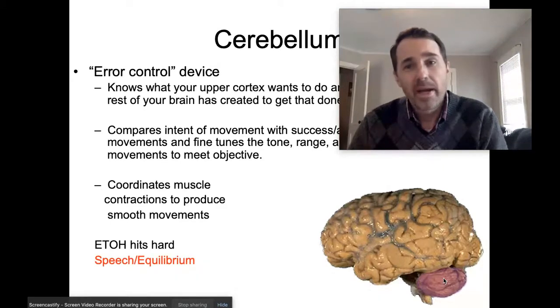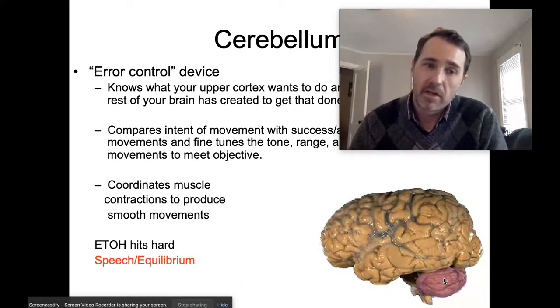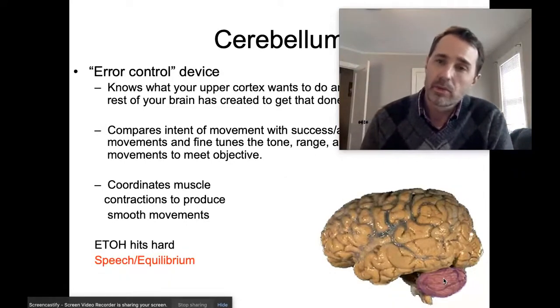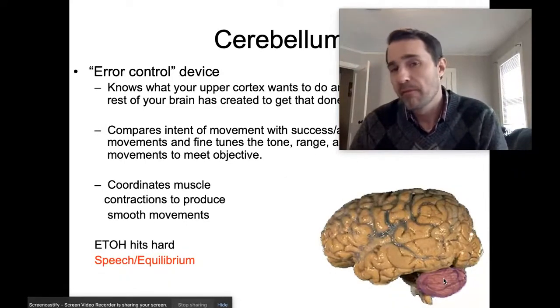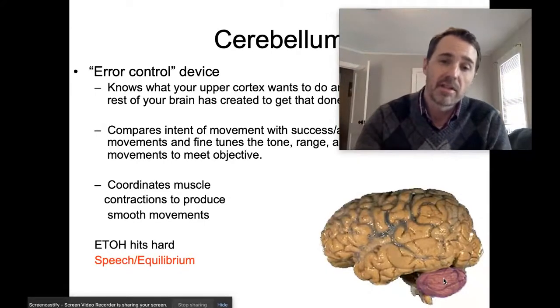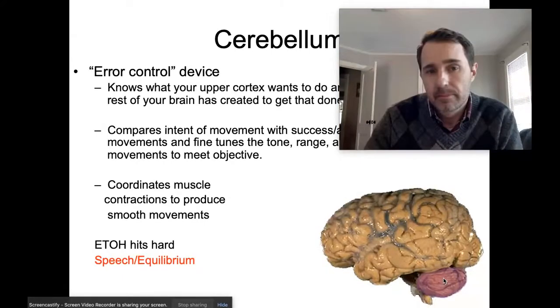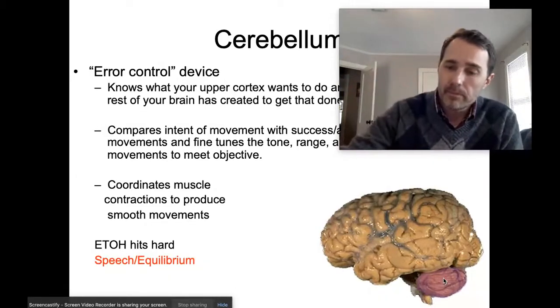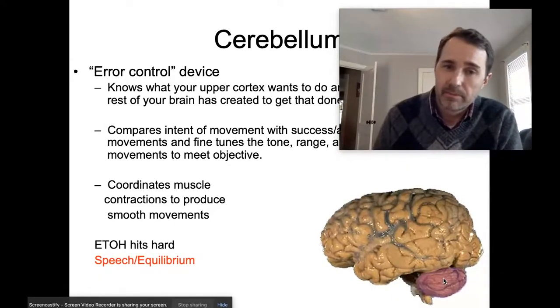The best way I can explain the function of the cerebellum is to explain to you that when an individual drinks alcohol, the first thing that gets hit, and hit hard, is the function of the cerebellum. And this is also why people that are drinking alcohol often spill their cup over.